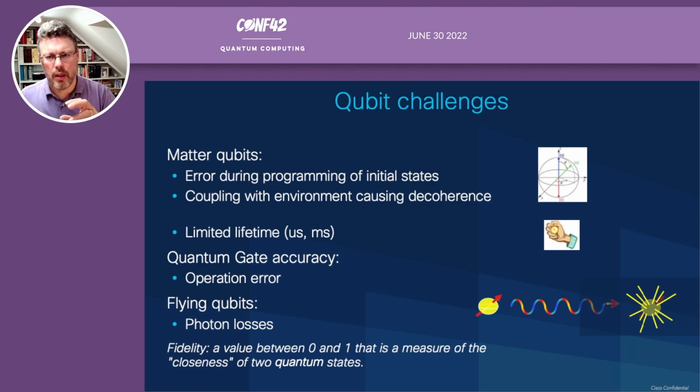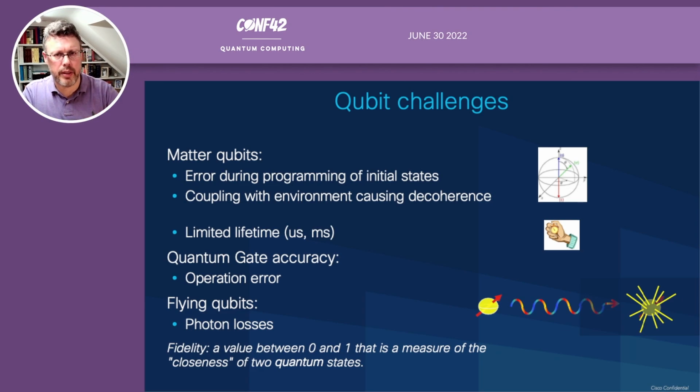And so it's not only that we have these errors, but we also have to make sure that before we start any of these operations, the qubit that we're presenting to the system has a high fidelity as well. So that's another issue that we have to cover and produce mechanisms to ensure that we have high fidelity qubits available to us.